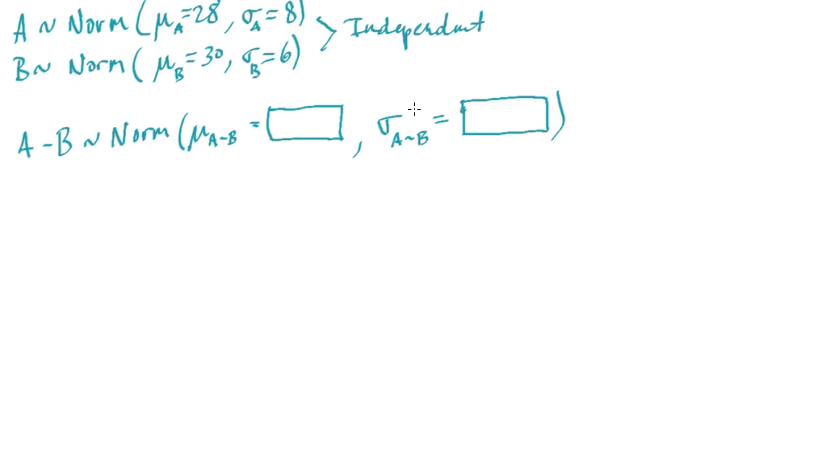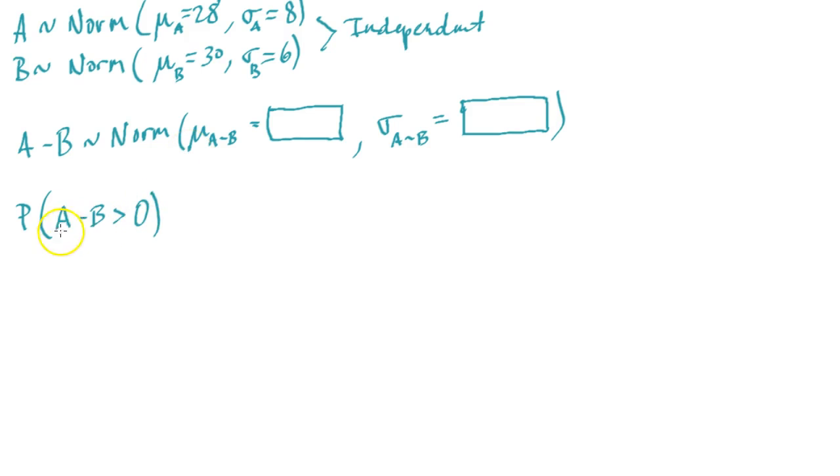From here, you may realize that we want to find the probability. The question is asking for the probability that Anne scores more points than Bob. If Anne scores more than Bob, then A minus B is greater than 0. That's what we're trying to find.